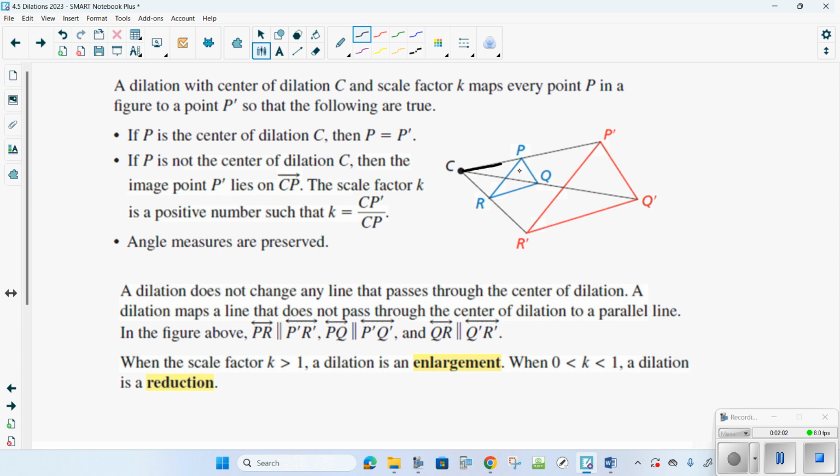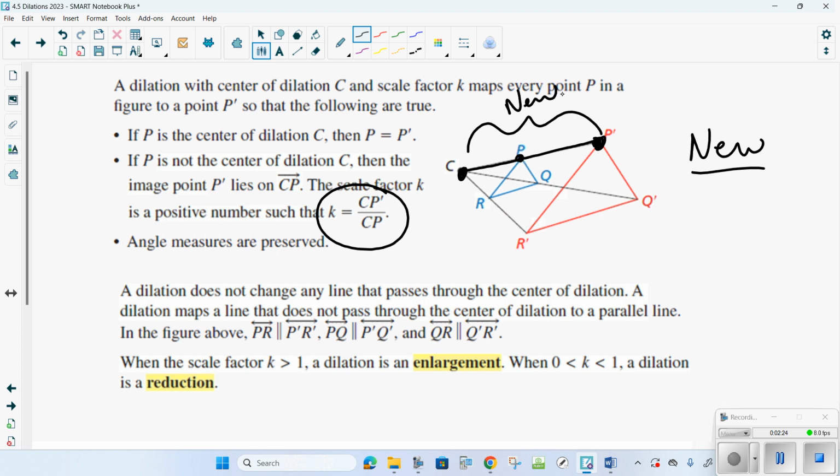So notice, if I'm going from P to P prime, you're going on a ray. This is what I was talking about with the last one. Whatever the new distance is, which is going from C to P prime, that is your new distance divided by your original. So if you're technically talking about this, it's your image distance over your pre-image.